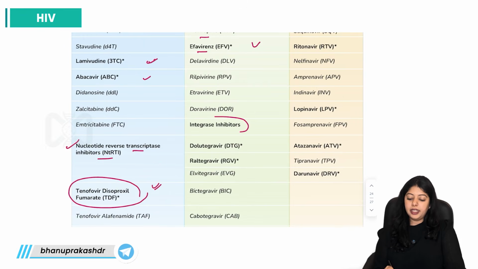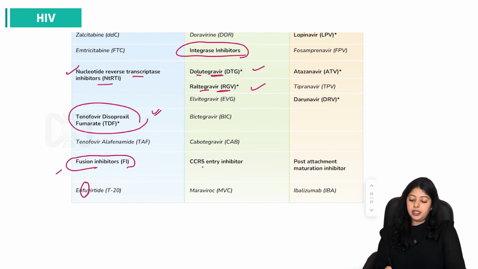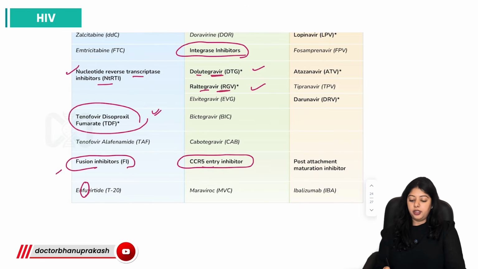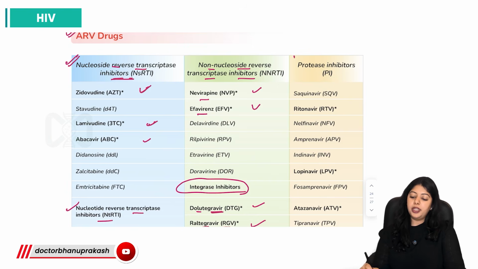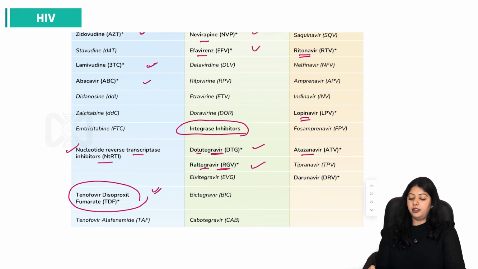Then the integrase inhibitors include raltegravir, dolutegravir, the most important ones included. CCR5 entry inhibitors is maraviroc. Then the protease inhibitors include ritonavir, lopinavir, atazanavir and darunavir, recently included.